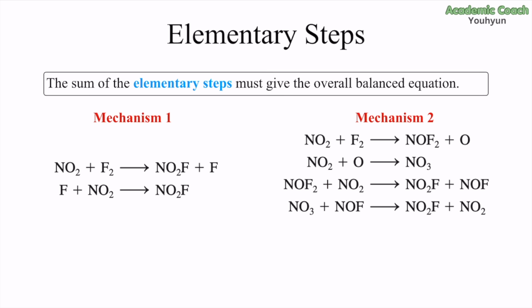Here's another example. For a given chemical reaction, you can propose multiple reaction mechanisms. For reaction mechanism 1, there are only 2 steps. NO2 plus F2 gives NO2F plus F, and F plus NO2 gives NO2F. So to figure out what the overall chemical reaction is, I will try to sum up the elementary steps.